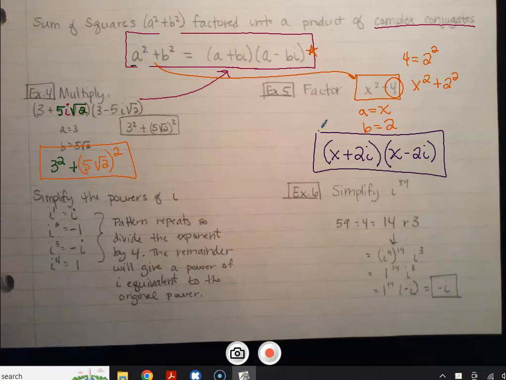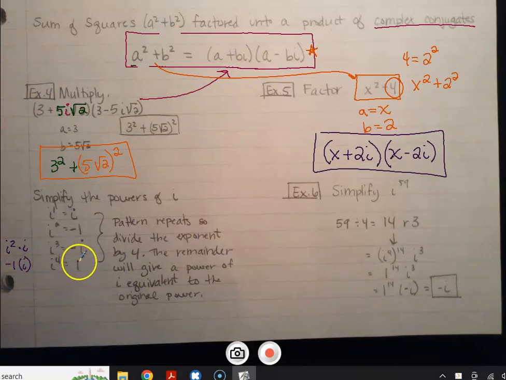Okay, that last part, for the last objective, is simplifying the powers of i. So if you notice here, I've got i to the first equals i, i squared equals -1. i cubed equals -i, because that's the same thing as i squared times i, which is -1 times i, so it's -i.